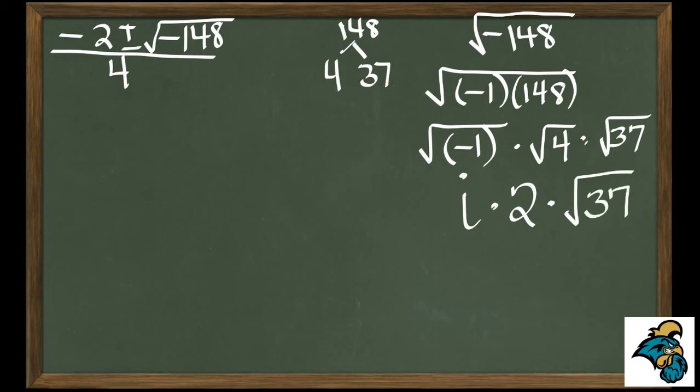Well, what is the square root of negative 1? i. What is the square root of 4? 2. And like I said, the square root of 37 can't be broken down, so we'll leave it as is. So the simpler way to write this is 2 root 37 i.